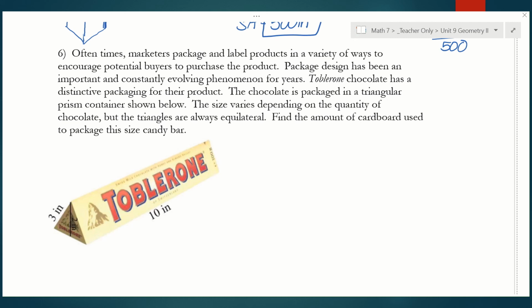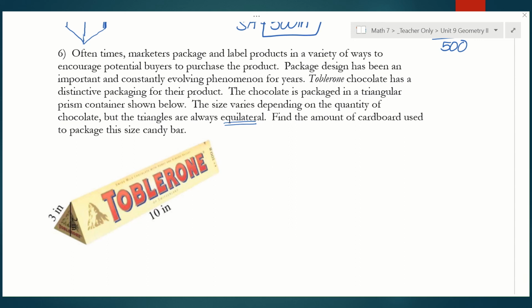Toblerone chocolate has a distinctive packaging for their product. The chocolate is packaged in a triangular prism container shown below. The size varies depending on the quantity of chocolate, but the triangles are always equilateral. Find the amount of cardboard used to package this size candy bar.